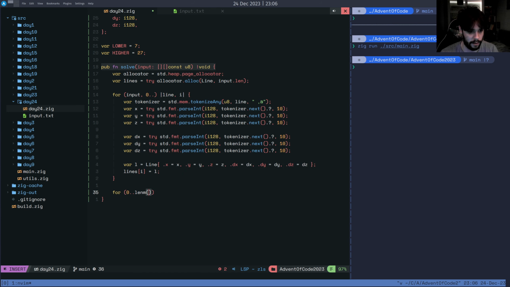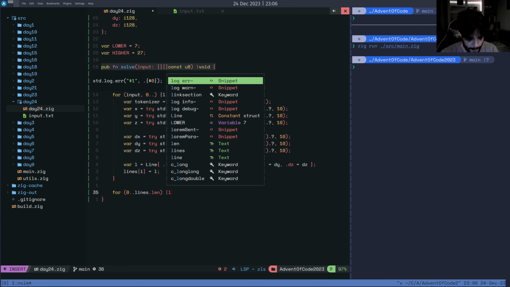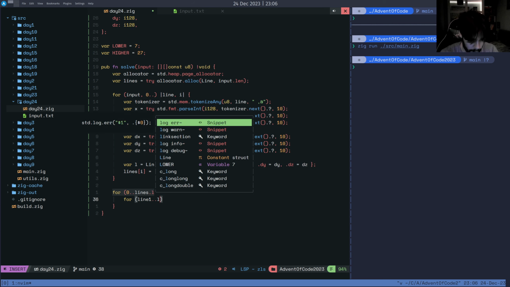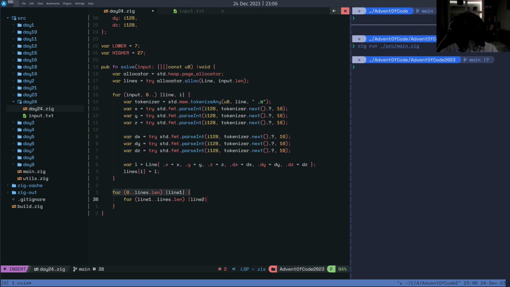Length of, not length of, that's go line 1, for line 1 dot lines dot length line 2. That's all good.